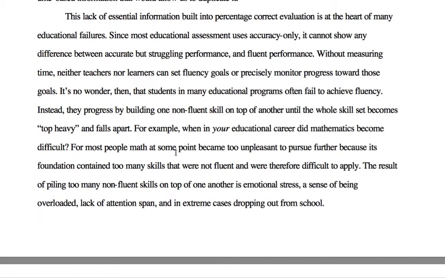For most people, math at some point became too unpleasant to pursue further because its foundation contained too many skills that were not fluent and were therefore difficult to apply. The result of applying too many non-fluent skills on top of one another is emotional stress, a sense of being overloaded, lack of attention span, and in extreme cases, dropping out from school.